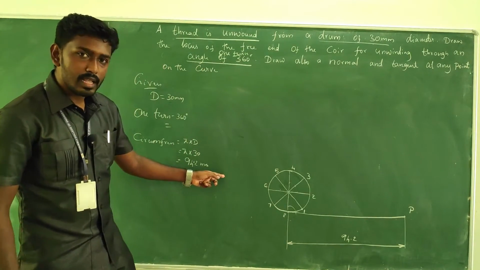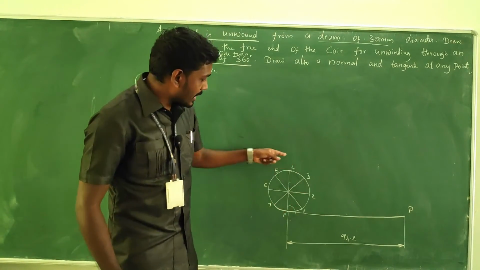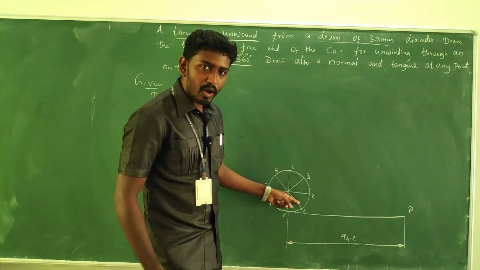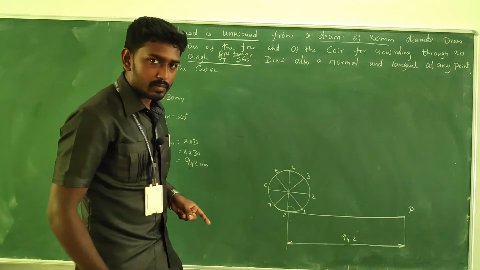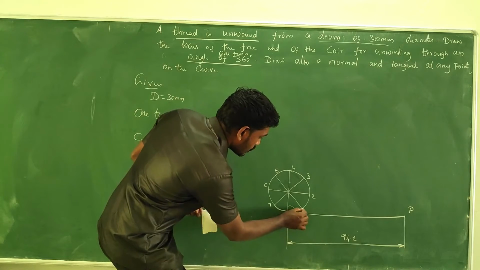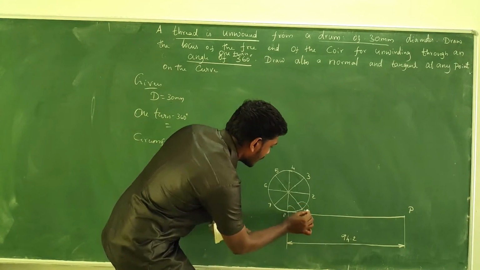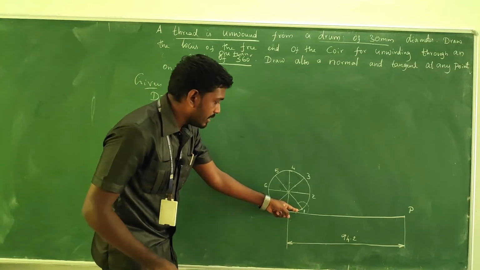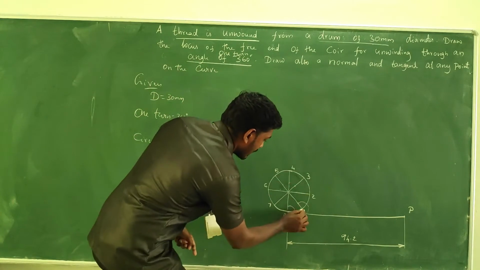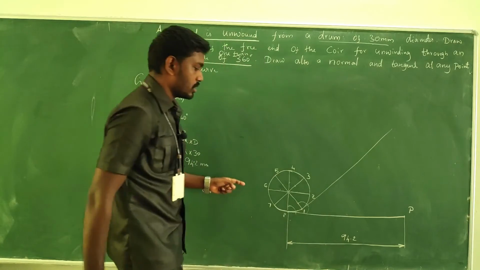What is next? Take a line from each and every circumferential point, right? It should be a tangent. So from the first point I am going to take. Here you can keep your protractor, read from the 1 and draw a 90-degree line, so that you will get the tangent line.